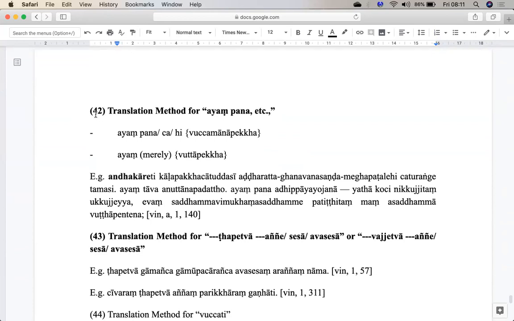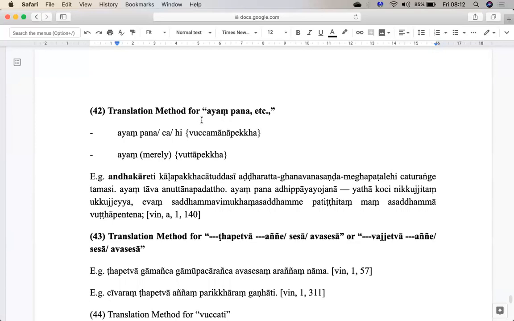So the next, this method is Ayan Bana. So in the Pāḷi canon, the word Ayan we can find in many places. In many places we can find, but that Ayan refers to Ayan Puriso, Ayan Itthi, Ayan Rukkho, Ayan Jano, Ayan Kannya, and so on.